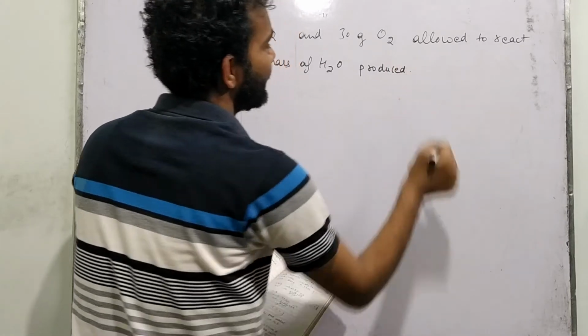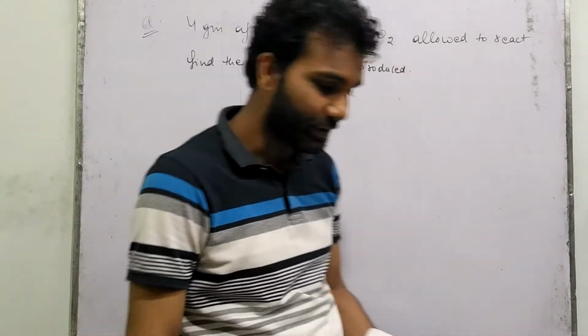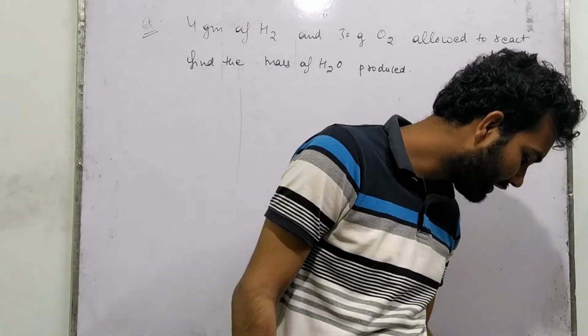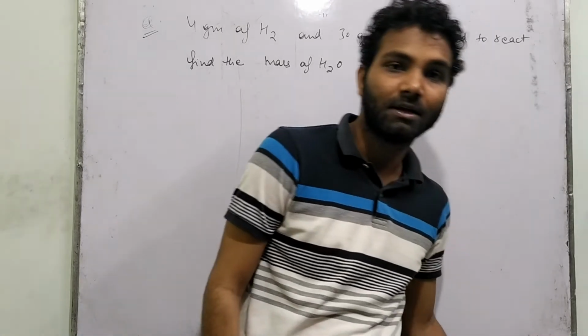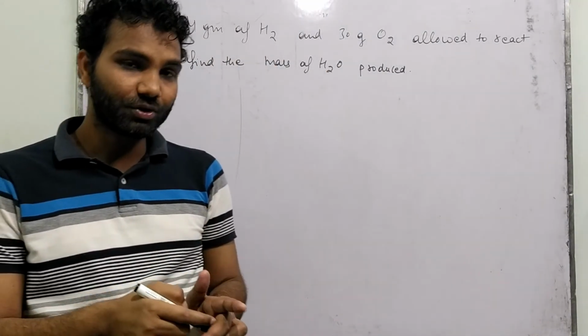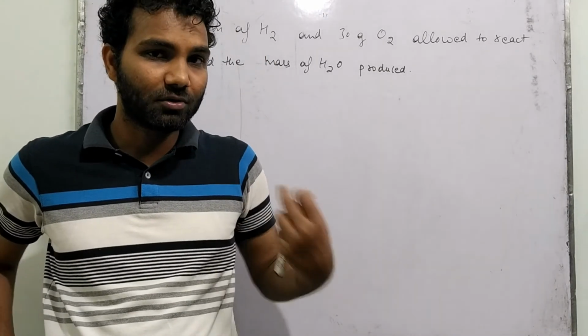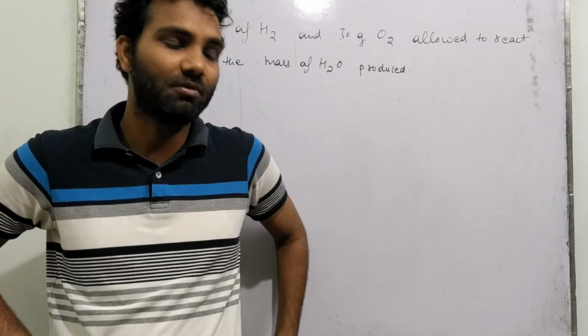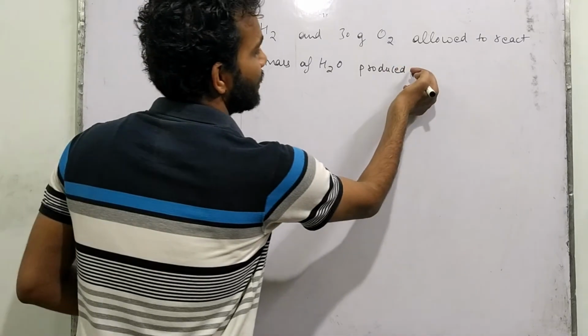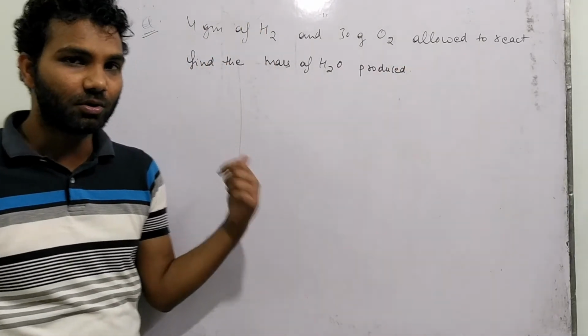Basically this question is from your chemical stoichiometry. So if you want to calculate the amount of a product, or the amount of a reactant, you can use limiting reagent also.